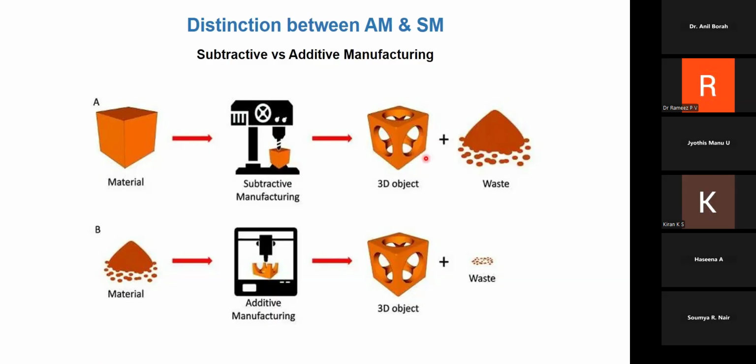If you remove the material from the raw material which you feed to the machine, you will get the final shape. This is your final shape. At the meantime, as a byproduct, you will get a lot of wastage of raw material. You can reuse it, of course, but this is again an additional process required to make this waste into raw material once again.